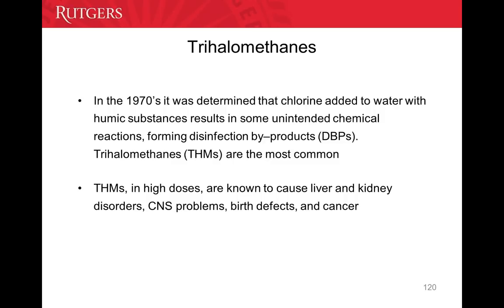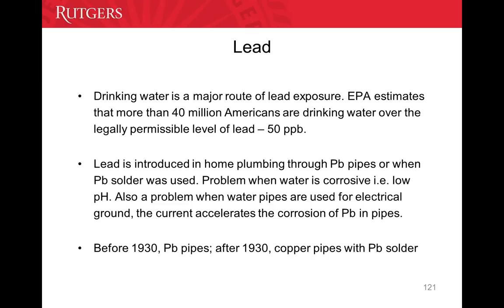Trihalomethanes in high doses can cause liver and kidney disorders, nervous system problems, birth defects, and cancer. But at the end of the day, and this is where public health risk assessment becomes real, chlorine is still a very cheap, effective way to disinfect water. That's the good news. The bad news is that if you have a lot of organic material, humic substances, in the water, you will have the formation of trihalomethanes, which have the health problems that we just discussed.